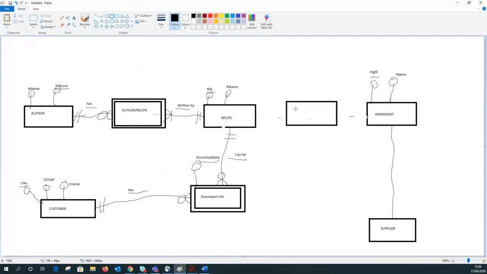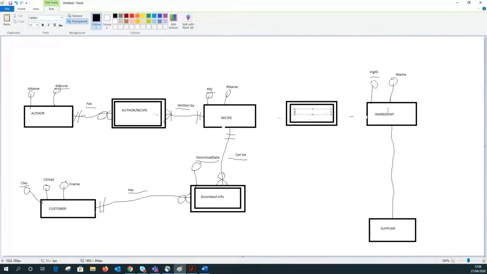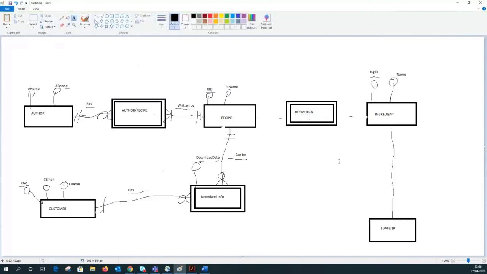Okay, we create that. So let's give a name. So let's say this is my recipe ingredient entity. So that means now we can link this.